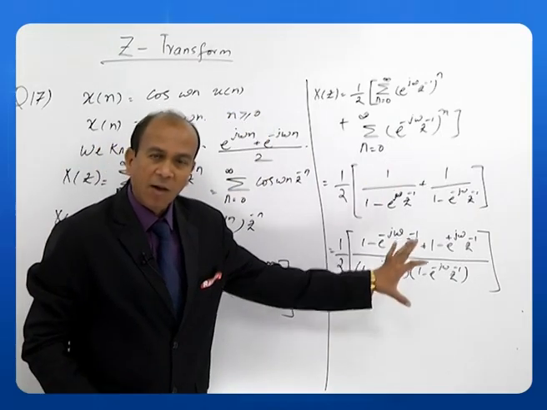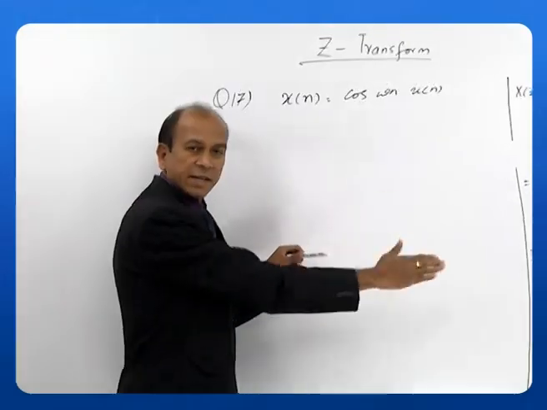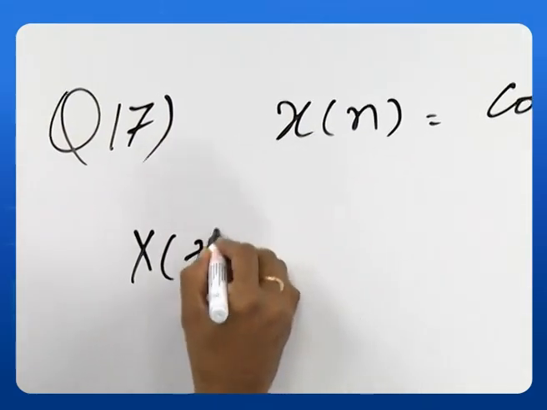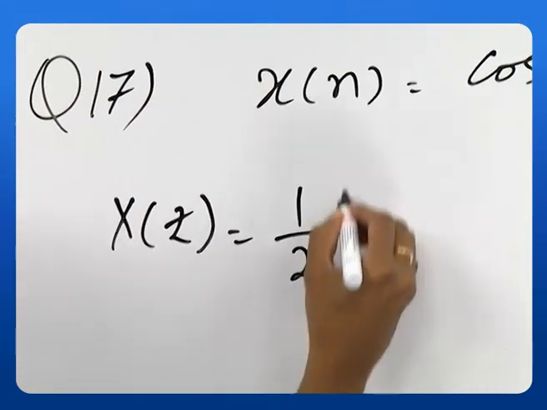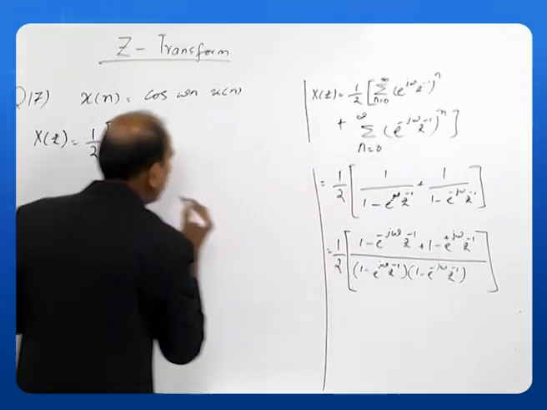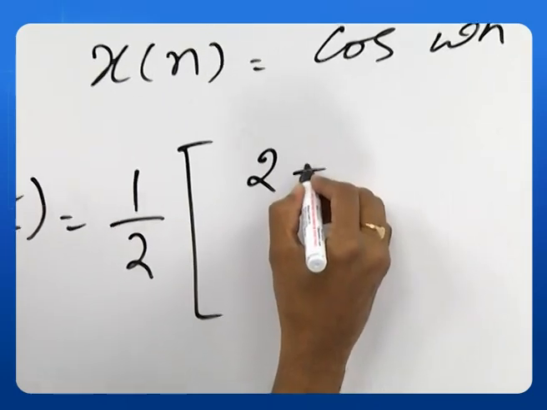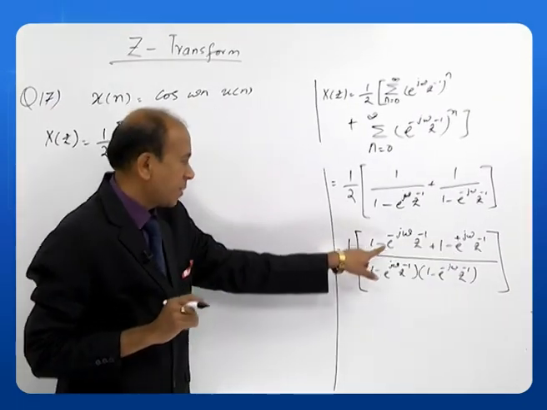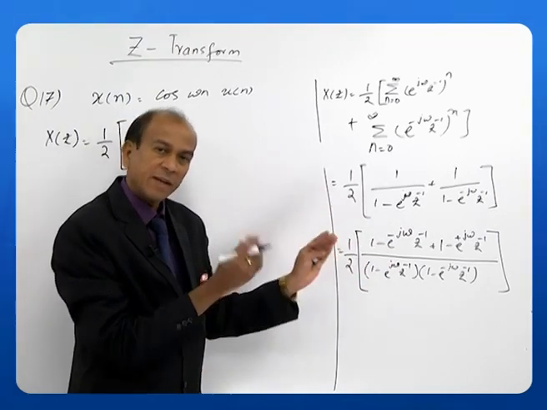Now let us add all this and see what the answer is. So X of z is equal to half. Let us see how much this is. 1 plus 1 is 2. This is minus e to the power of j omega and this is minus e to the power of minus j omega, so I will take minus common here.